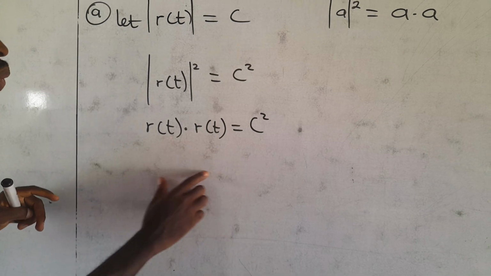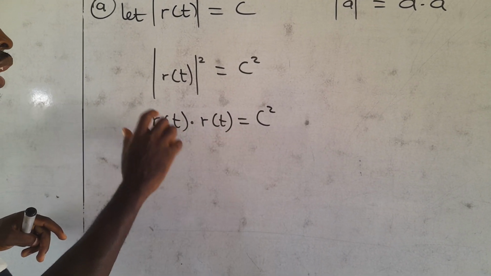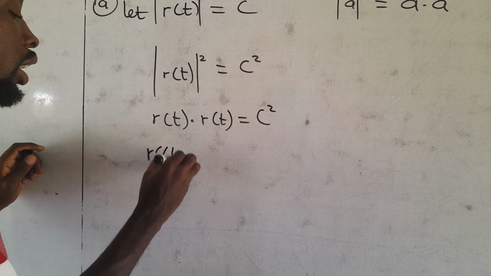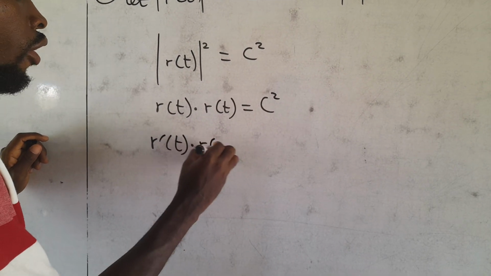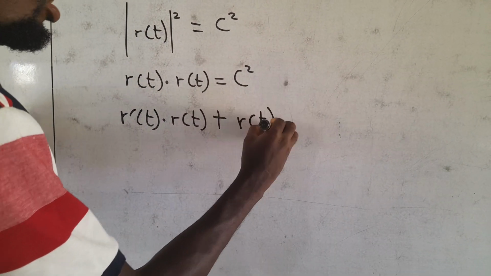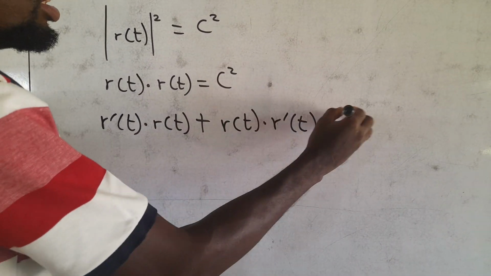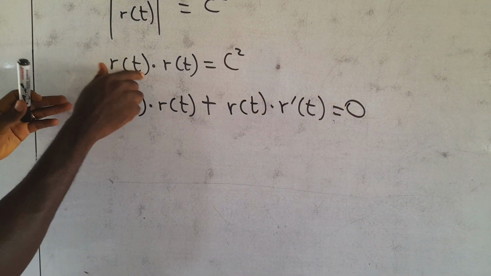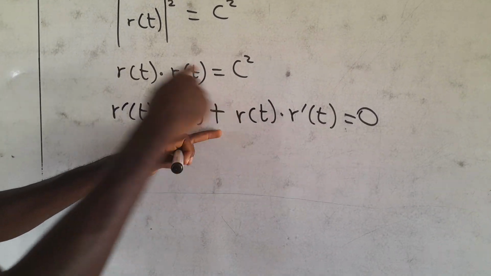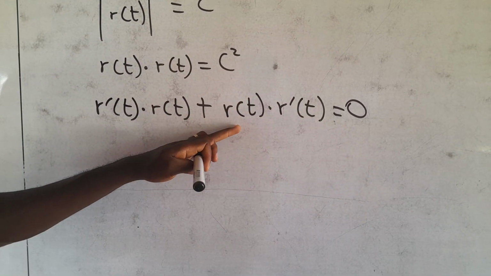Since this is a dot product, we differentiate the first and keep the second, plus keep the first and differentiate the second. So we say R prime of t dot R of t plus R of t dot R prime of t is equal to the derivative of C squared, which is 0.